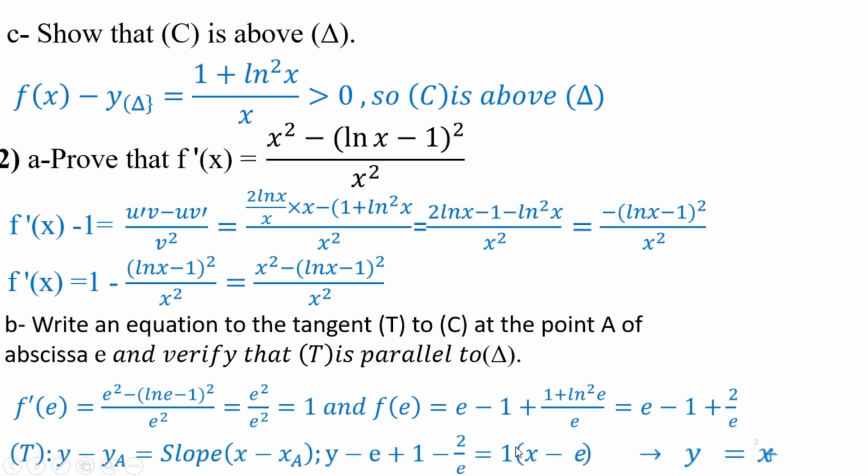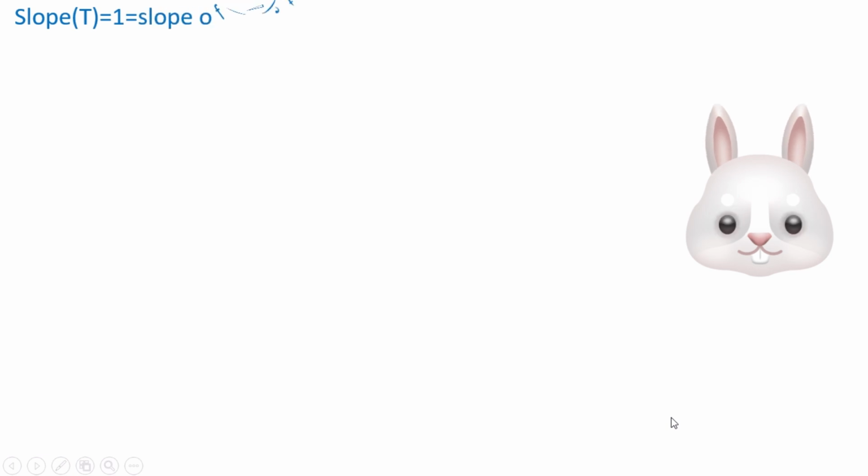Substituting in the equation of the tangent, we get y equals x plus 2 over e minus 1. The slope of T equals 1 equals the slope of delta, then T is parallel to delta.